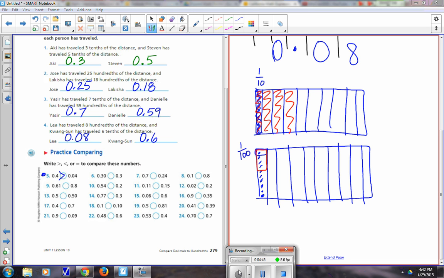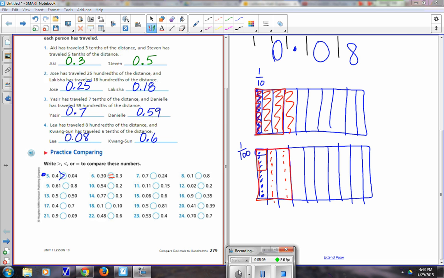Number 6 is tricky because you're saying 30 hundredths, which would be 30 of these. If I had 10 in each one of these, it would be 30 of these. And 3/10, which is 3 of these, that one is equal.